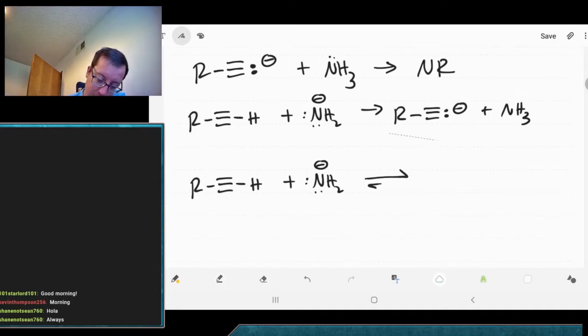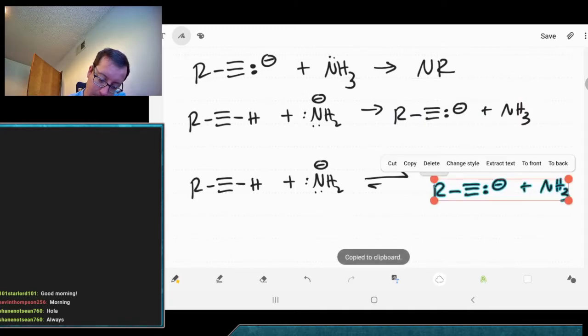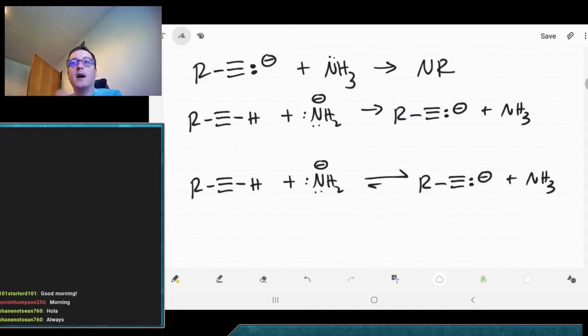That was silly of me. We can see it's an equilibrium, right? Reactions are reversible. We know this, especially acid-base reactions, especially when we're talking about weak acids and weak bases. These things can completely go whichever way they want.